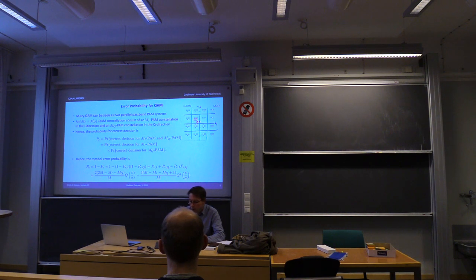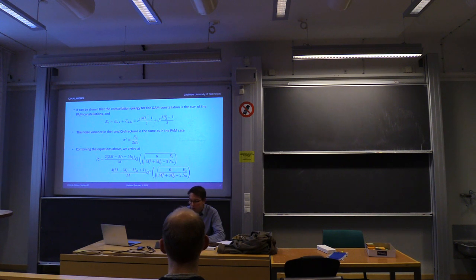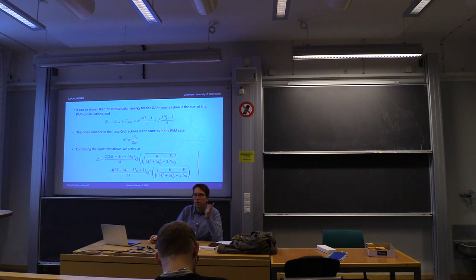Okay. So this is done here, and then one calculates and then one gets this result. And if we continue, we calculate the energy, relate that to the distance between two adjacent signal points, and so on. And then we end up at this final result here. Okay, so I skipped a lot of the algebraic steps here.